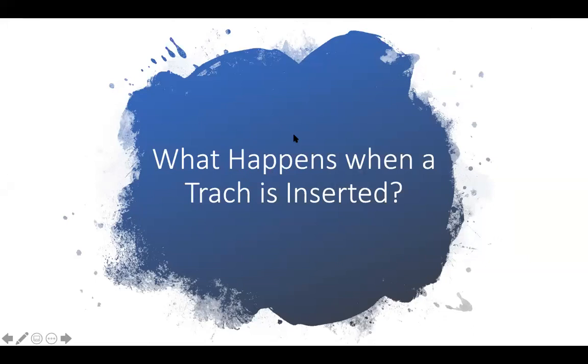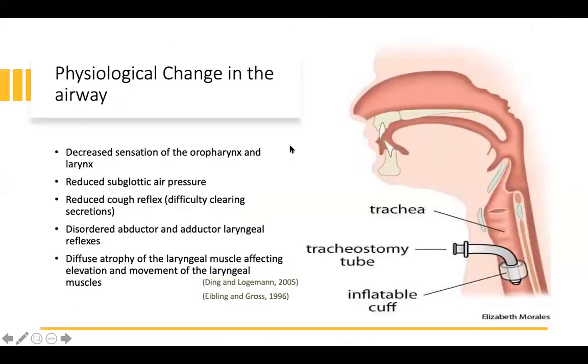All right, so what happens when a trach is inserted? We just talked in brief about the pharynx and laryngeal physiology earlier. So when we breathe or inhale, the air goes through our nose and mouth into our trachea, and when we exhale, it goes back the same way out of our nose and mouth.